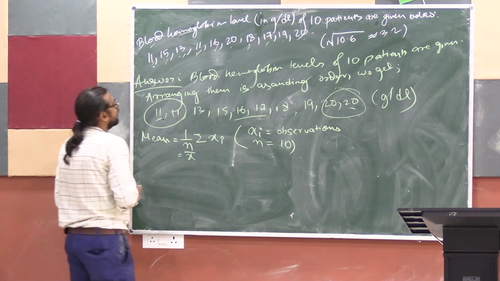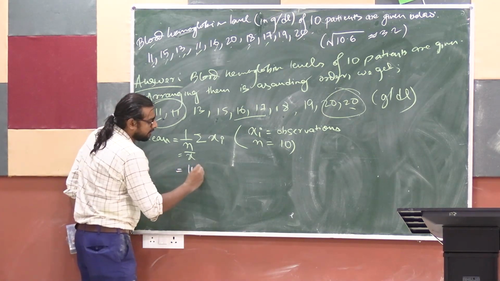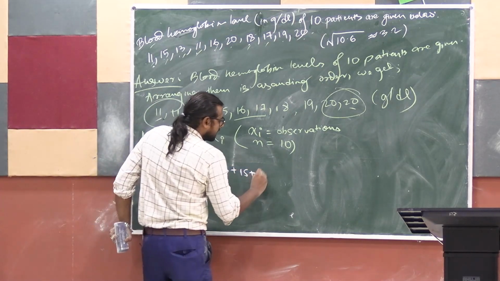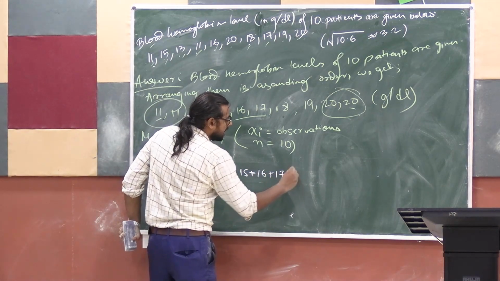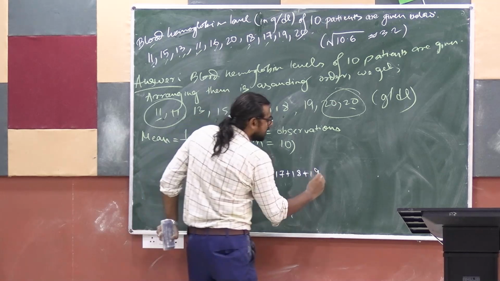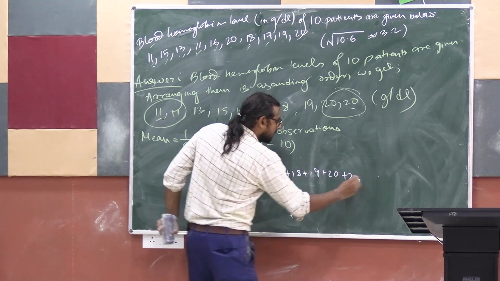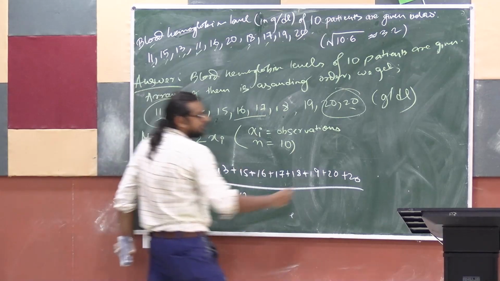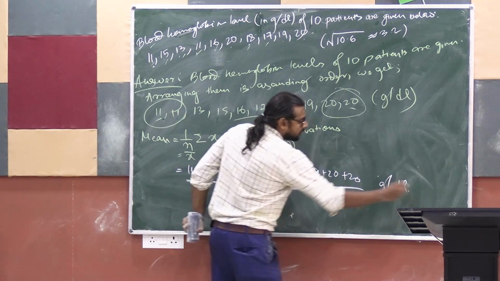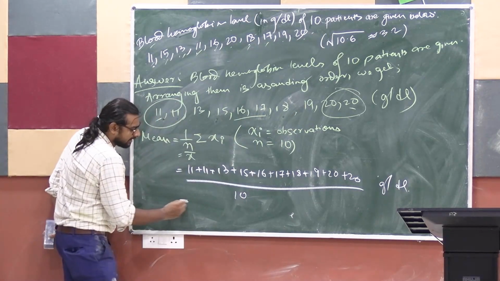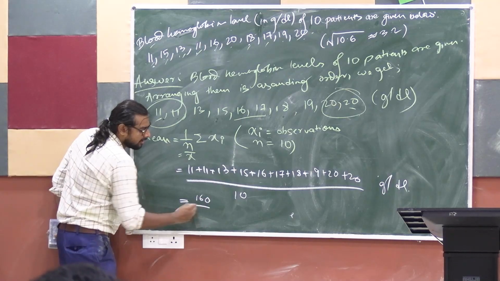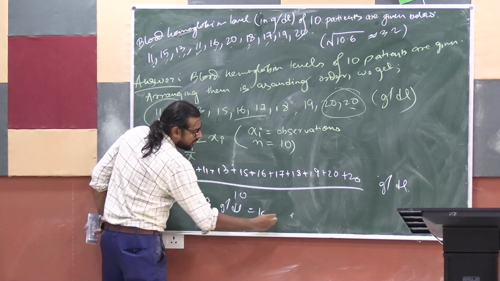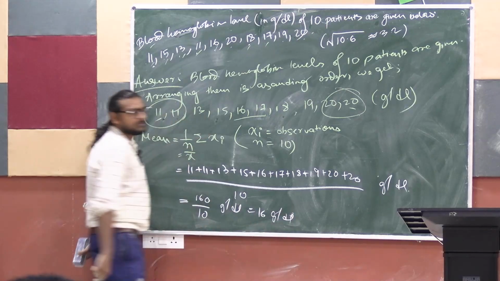And after that you do the calculations. 11 plus 11 plus 13 plus 15 plus 16 plus 17 plus 18 plus 19 plus 20 plus 20 by 10. Once you have entered that data, you have to write the unit. I think this comes out to be 160 by 10 gram per dl, 16 gram per dl.